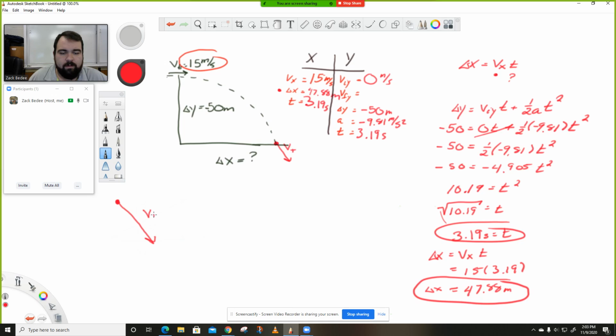We're looking for Vt. Vt is going to have those components. It's going to have an X component, and it's going to have a Y component as well.